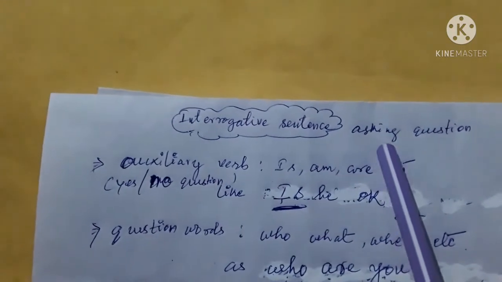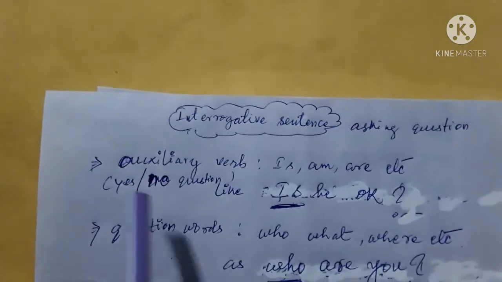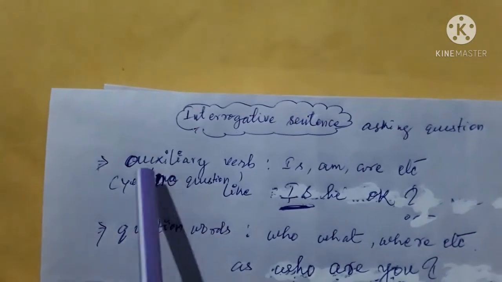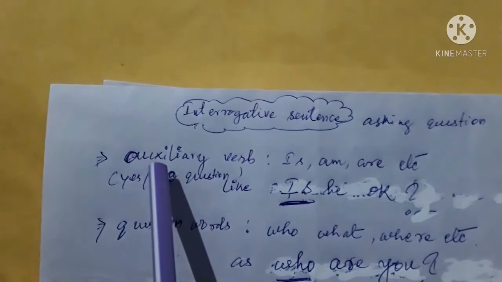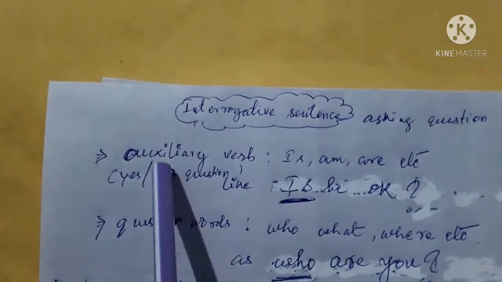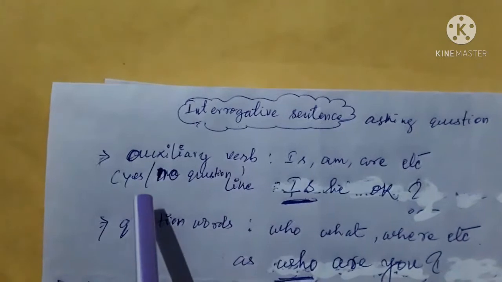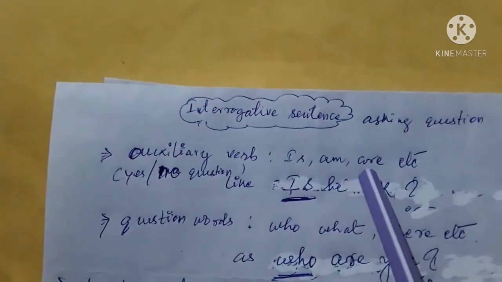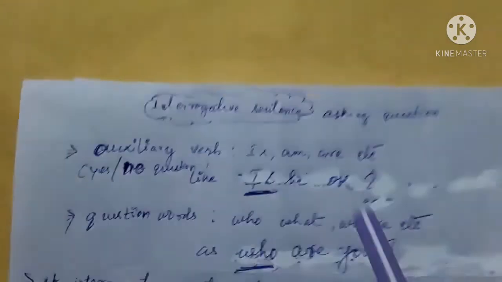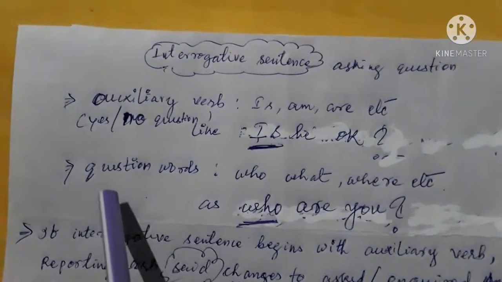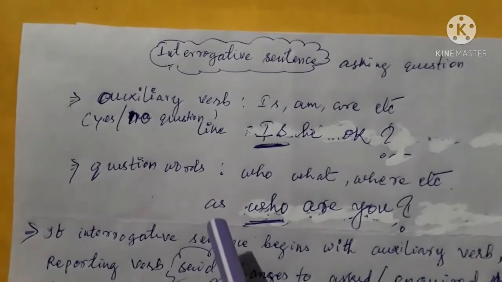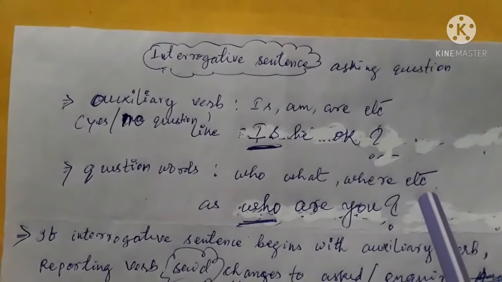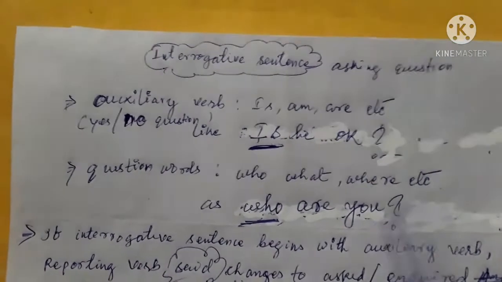It is used for asking questions. Questions may be asked in two ways. The question beginning with an auxiliary verb, that is a yes/no question, like is, am, are, is he okay, or question words like who, what, where, etc., as in who are you.